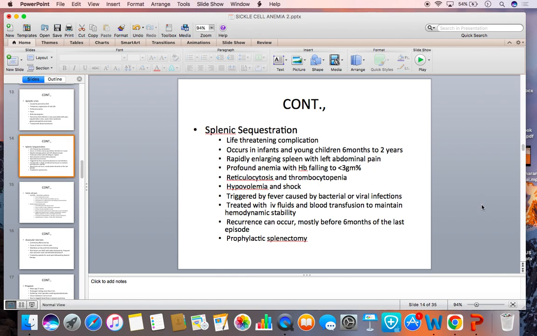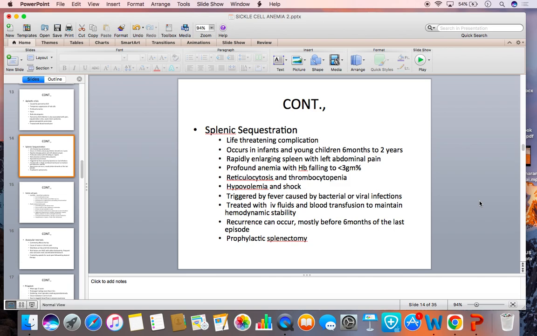Then coming to the splenic sequestration. This is again common in infancy between 6 months to 2 years. It is a life-threatening situation because there is sudden depletion of the blood volume secondary to the pooling of the blood in the spleen.